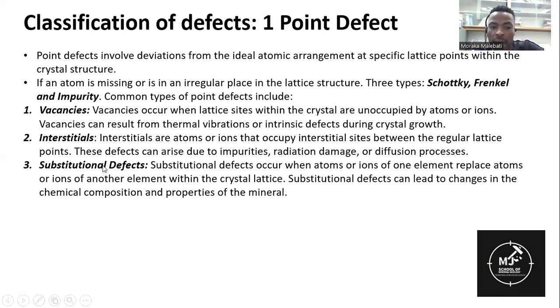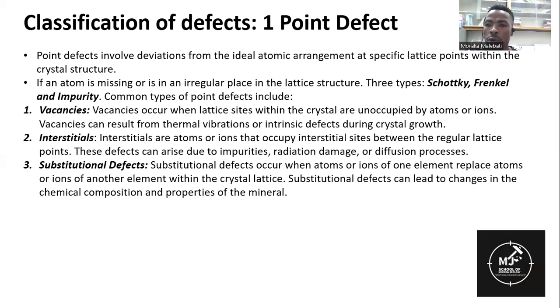And last but not least, we've got substitutional, as self-explanatory, like I said. These occur when atoms or ions of one element replace atoms or ions of another element within the crystal lattice. This substitution can lead to changes in the chemical composition and properties of the mineral. It has the same analogy as substitution solid solution.